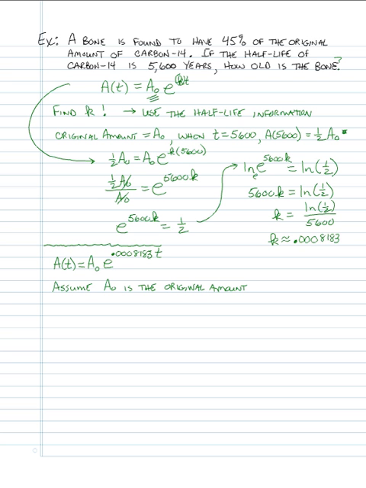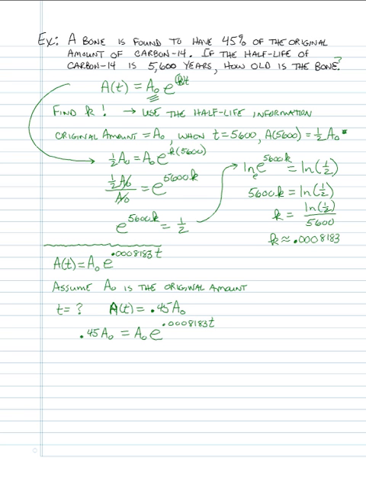So for t, we want to know when a of t is equal to 0.45 times a sub 0, 45% of the original amount. And so that gives us the equation, 0.45 a sub 0 is equal to a sub 0 times e to the power 0.0008183t. And you see we have an equation to solve.